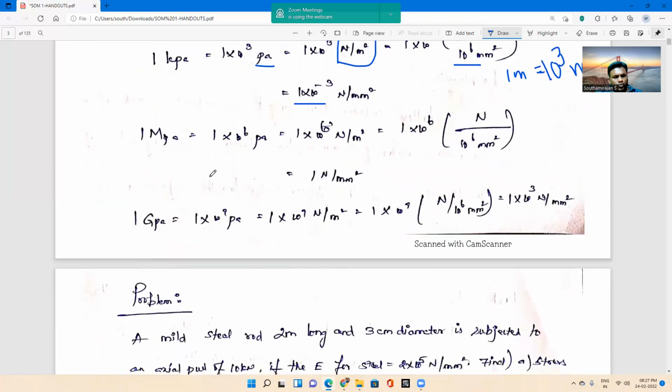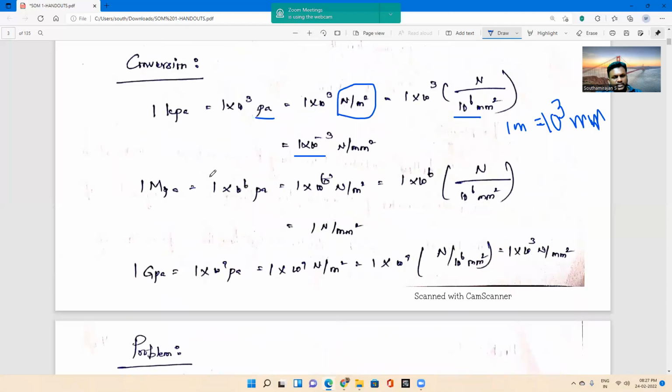Next will be 1 megapascal. 1 mega is represented as 10 power 6, so 1 into 10 power 6 Pascal. We know that Pascal is replaced in the SI system by Newton per meter square.